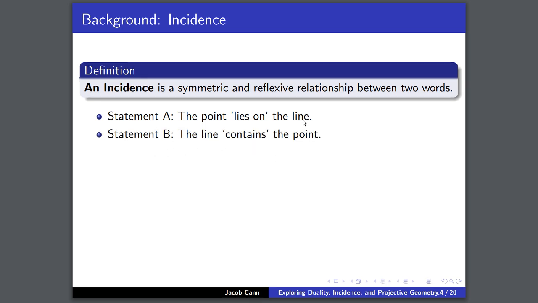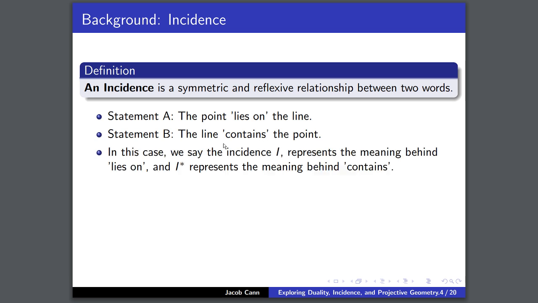And we can sort of see that point and line are swapped, and then the two incidences are kind of opposite to each other, but they coincide with the relationship that is symmetric and reflexive.